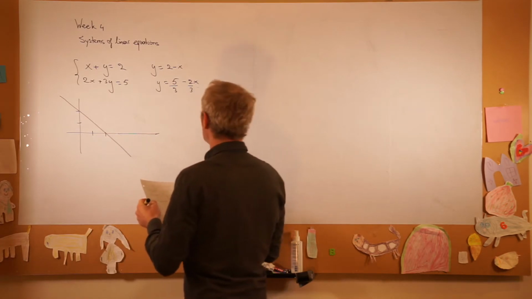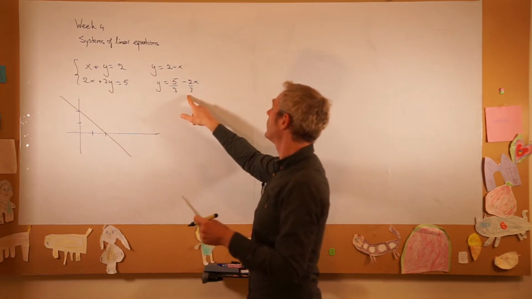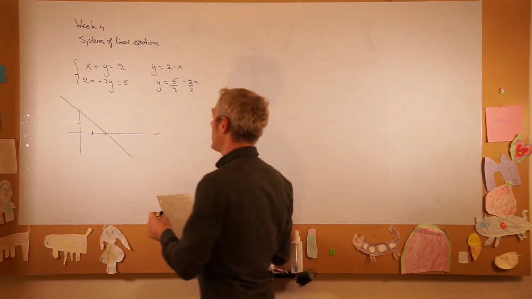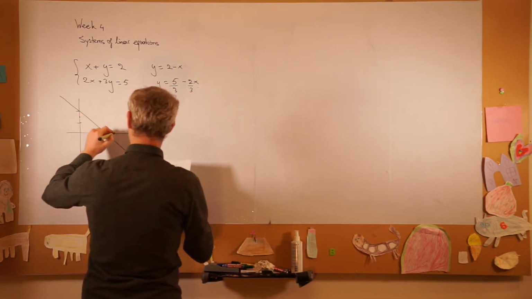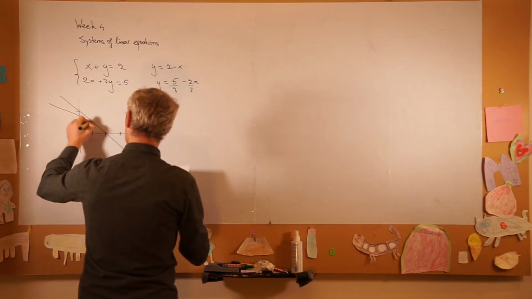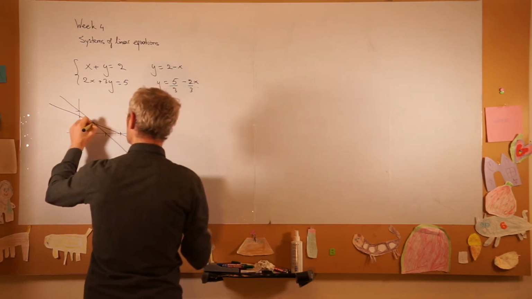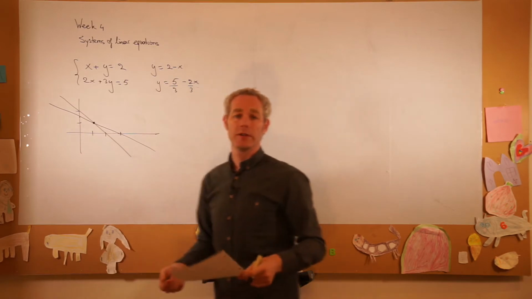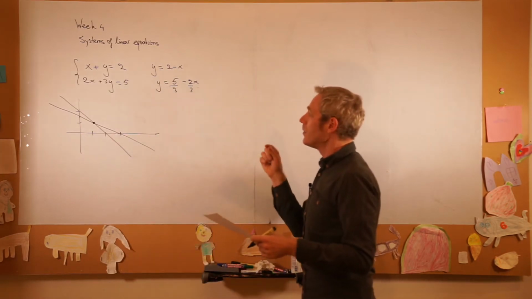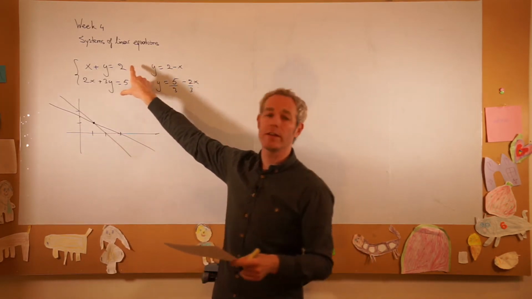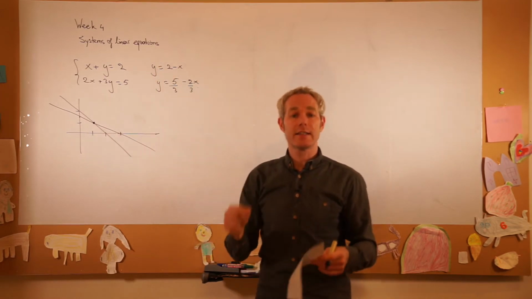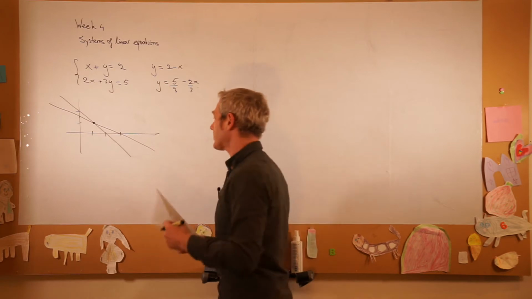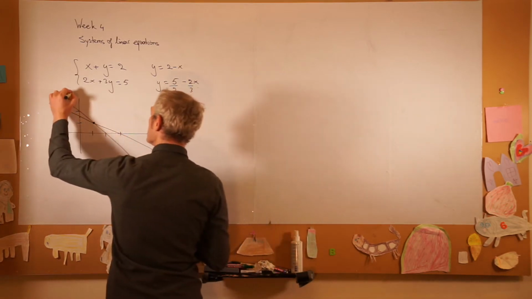And the other line, minus 2 over 3 times x plus 5 over 3, goes a little bit like this. And you see that there is an intersection point here. Solving this set of equations is the same thing as finding points, the combinations of x and y.